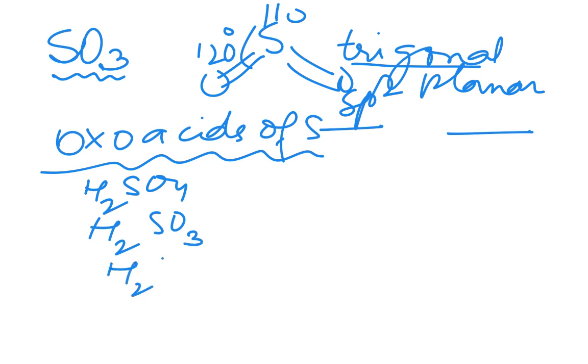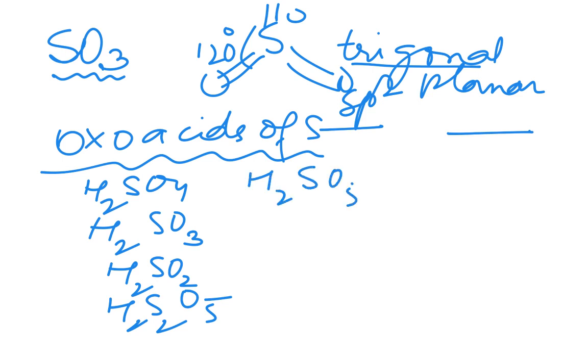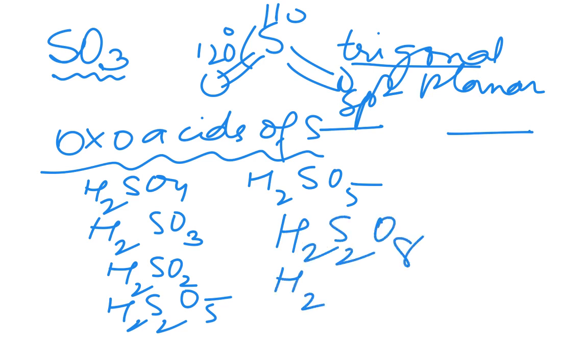Then H2SO2, hypo. H2S2O3, thiosulfuric acid. Then H2SO5, Caro's acid. H2S2O8, Marshall's acid. H2S2O7, oleum, and H2S2O6, dithionic acid. These are some of the oxo acids of sulfur.